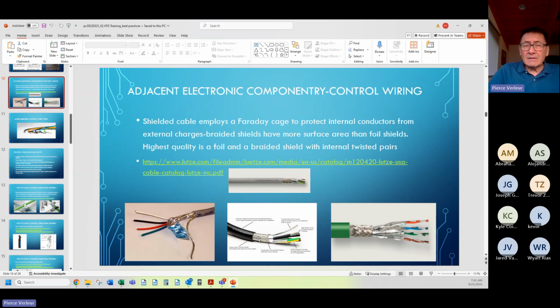Remember I said the high stranded cable, like the Lutze power cable, that welding type cable, has a lot of surface area to carry the high frequency noise because the high frequency noise runs on the surface of the conductor. So if you want to put shielding in there and you only put foil shielding, you're not optimizing the path to ground for the high frequency noise.